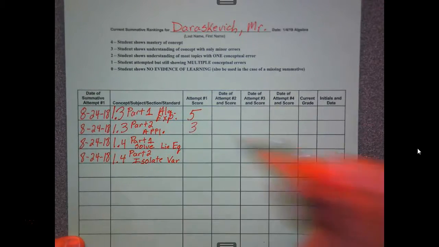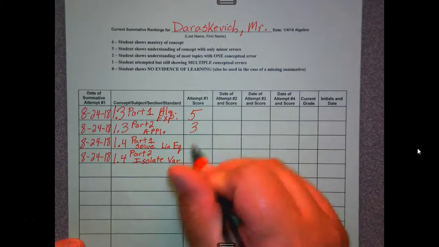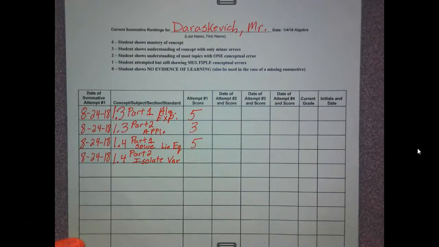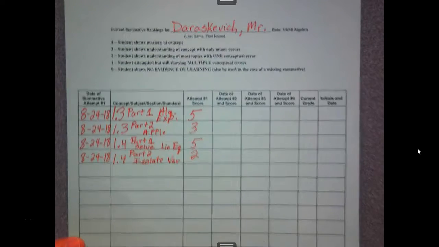So maybe I got a 3 on that because one conceptual error is 3 points. All right, 1.4 part 1, solving linear equations. I'm an expert at that. I got a 5. And then on 1.4 part 2, isolating variables, I didn't study very hard, especially the undistributive one, the last one on the quiz. So I got a 2 on that.